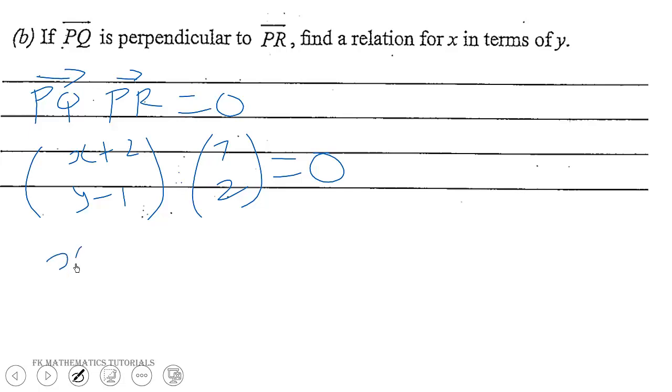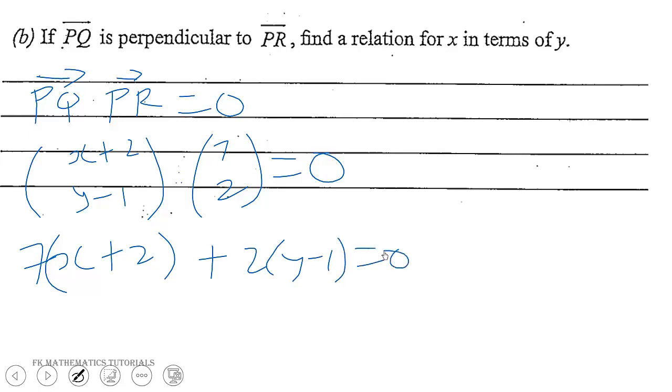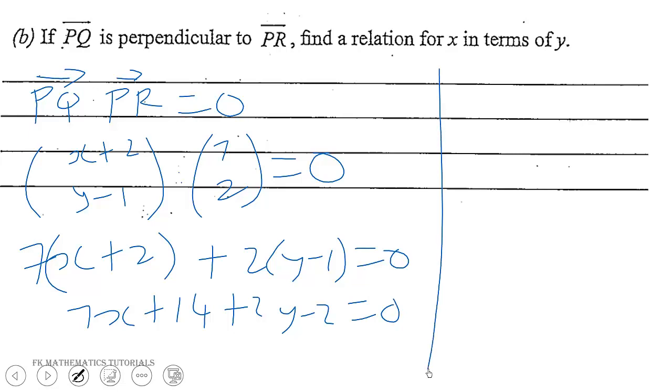So this will give us X plus 2 times 7 plus 2 times Y minus 1 is equal to 0. So if we expand, we get 7x plus 14 plus 2y minus 2 is equal to 0. So we have to express x in terms of y, so we're going to make it the subject.